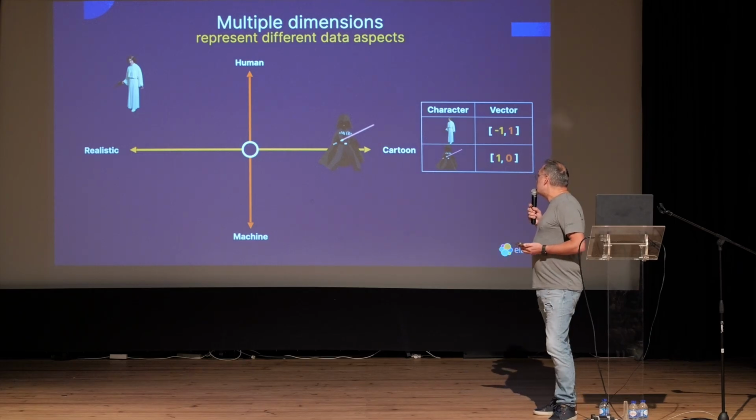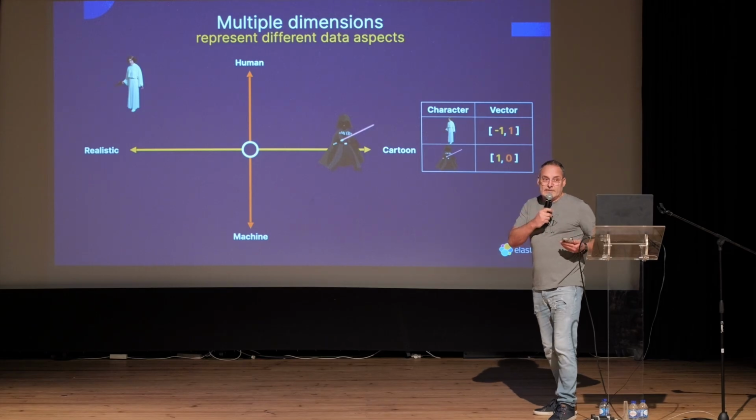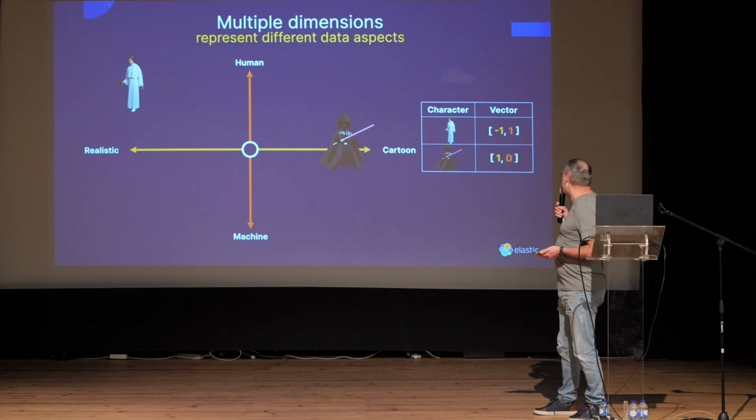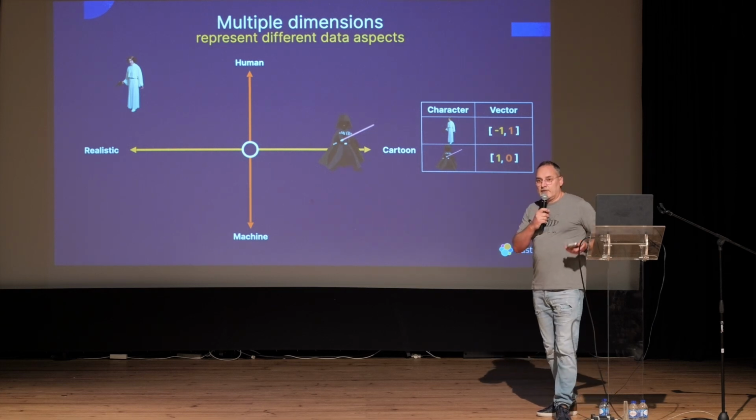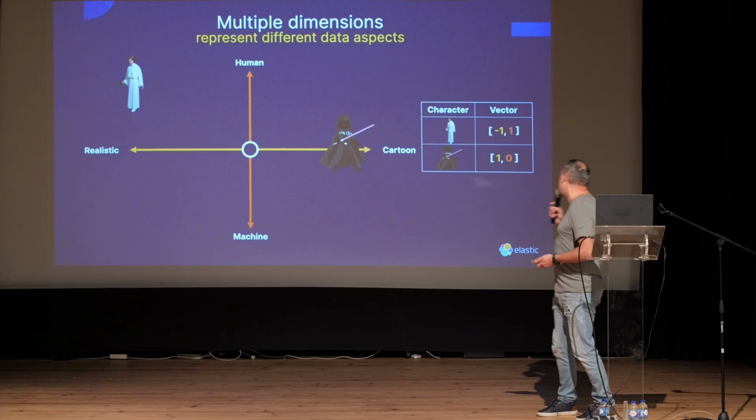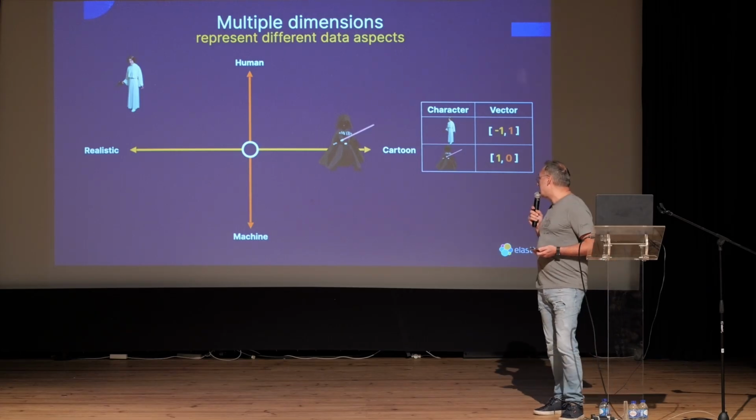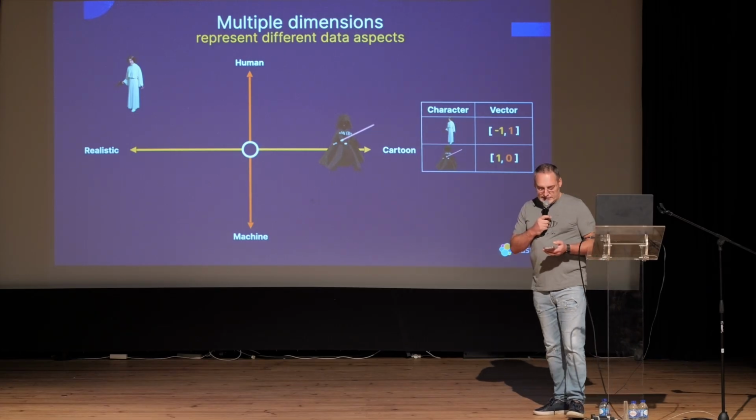For example, is this picture a human representation or a machine representation? Leia is definitely a human, so the coordinates are now -1, +1. Darth Vader is cut in half, so it's probably 0 here for the y-axis. So you have his coordinates here.